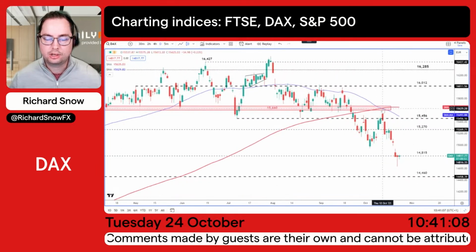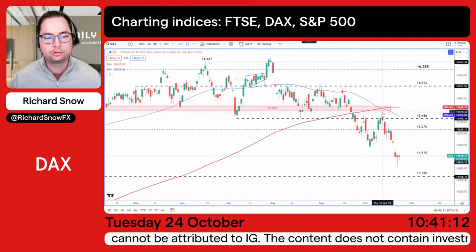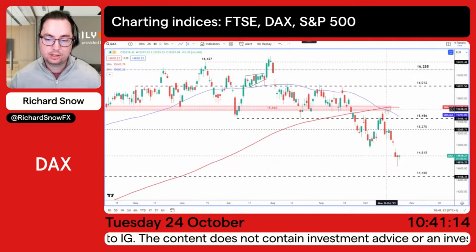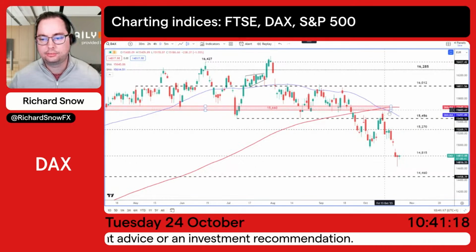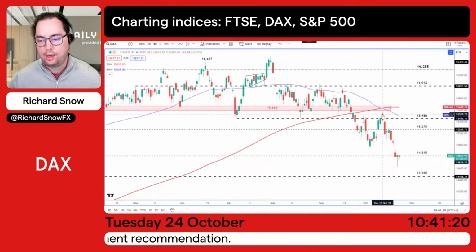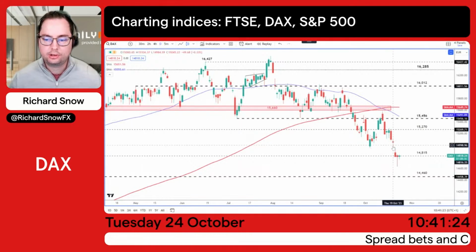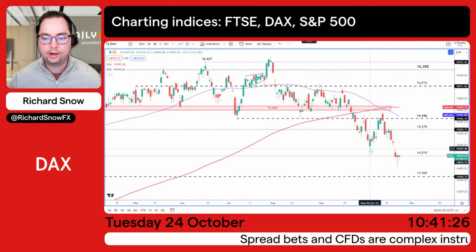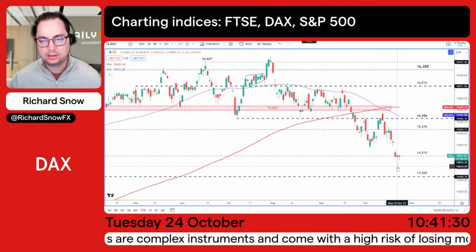What was quite telling previously was this pullback into the prior zone of resistance, where we were met with the moving average crossover and a rejection lower. So the DAX sold off quite drastically, moving beneath that prior swing low and creating a new low yesterday.